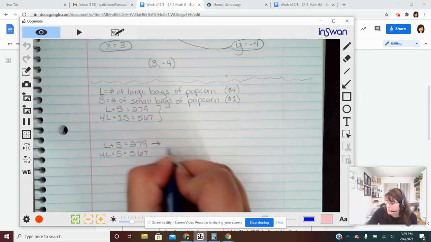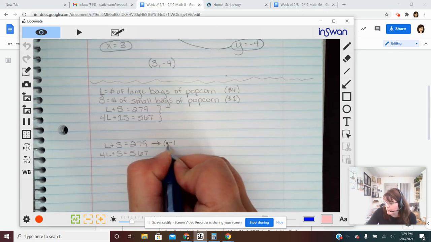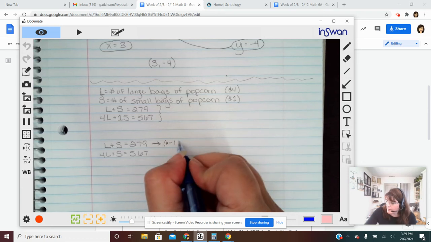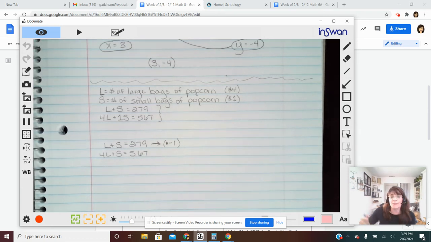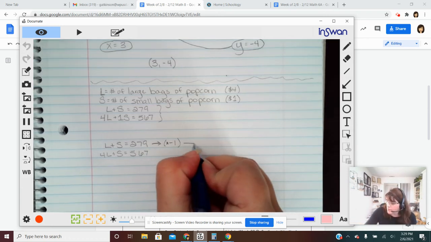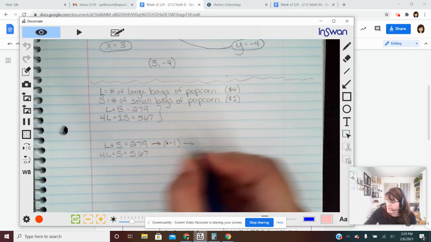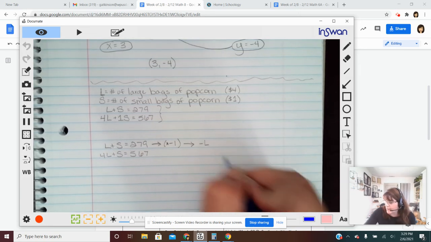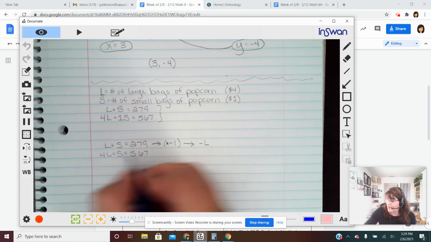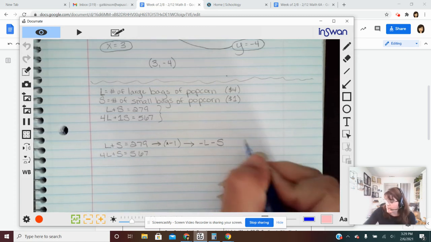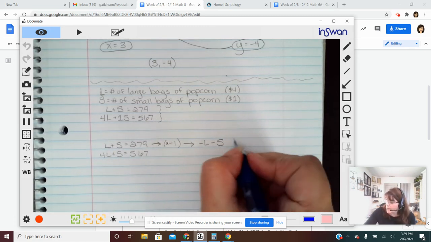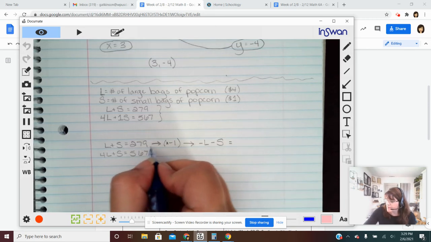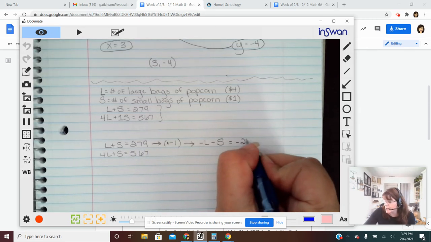This top one, I'm going to multiply by -1. Okay, and remember that turns everything in it to its opposite value. The opposite of L, -L. The opposite of S, -S. And the opposite of 279, -279.